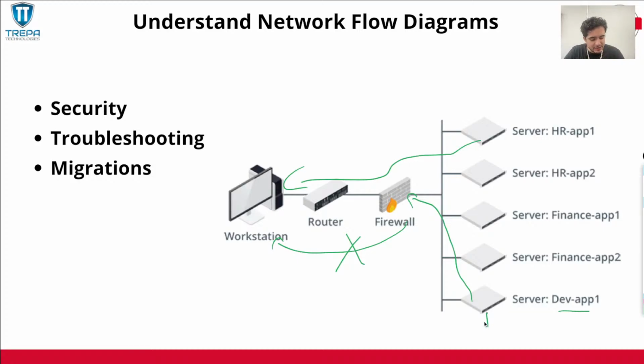Because we could do a traceroute from here and see that our ping gets stopped right there. And then if we have a good network diagram that has the IP addressing for this link, let's say it's 10.1.1.2, we can say, oh, it's getting stopped at 10.1.1.2. That's my inside interface on the firewall. So let's go start troubleshooting at the firewall.